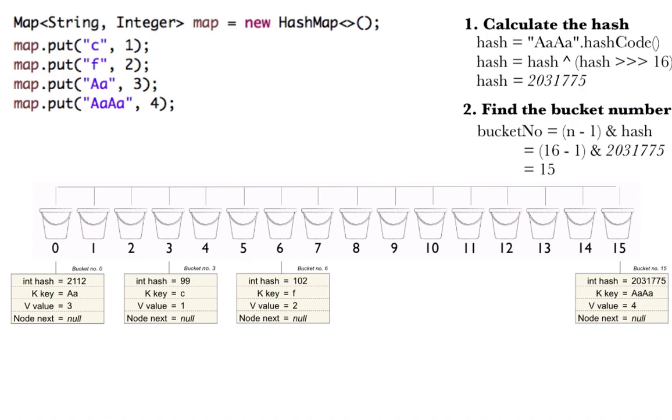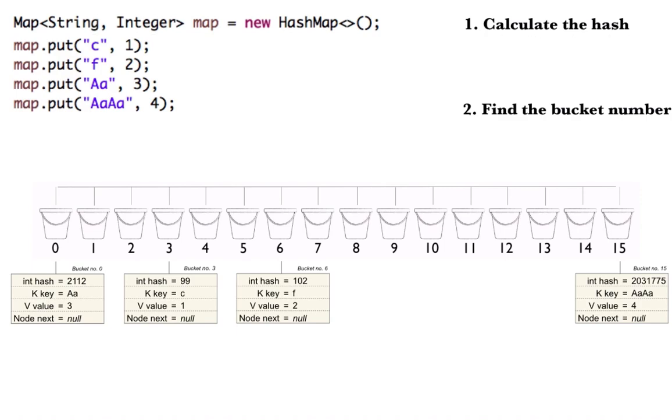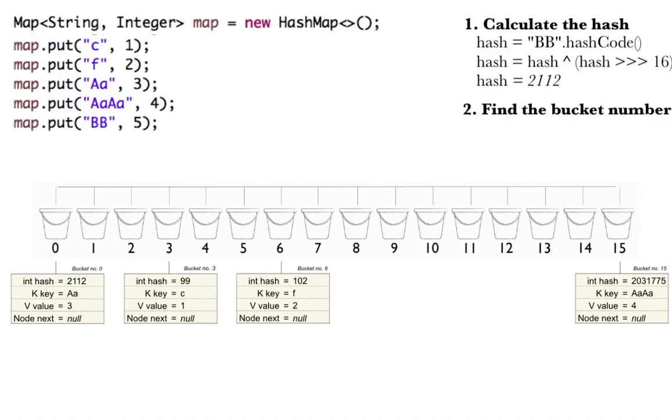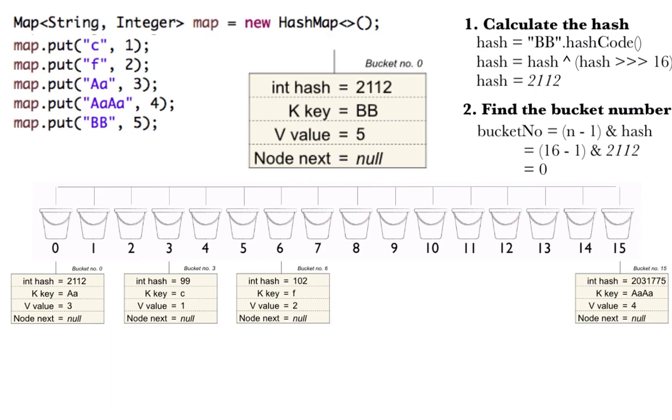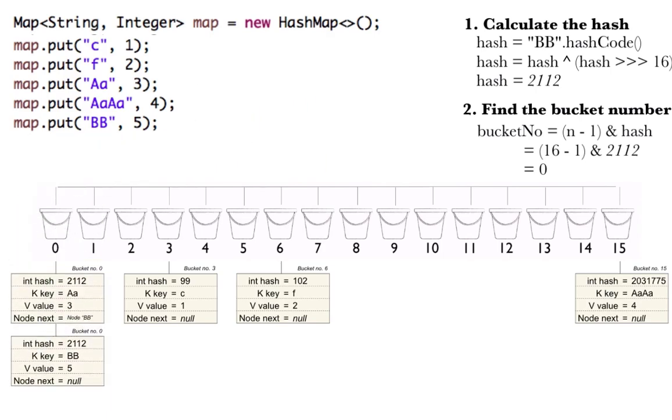Till now, we have observed that our nodes were having different hash value and the bucket number was unique for all of them. Hence, we can observe that the next variable of all our nodes is pointing to null. But what happens if two nodes have the same hash value? Let's now see the tricky part. For put operation, map.put bb,5, the hash value calculated for the string bb is 2112. Remember that we got exactly the same hash value in our third case for key aa. So key value pair is also supposed to go in the same first bucket.